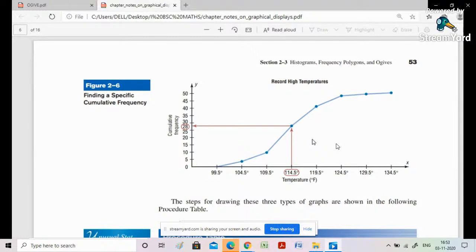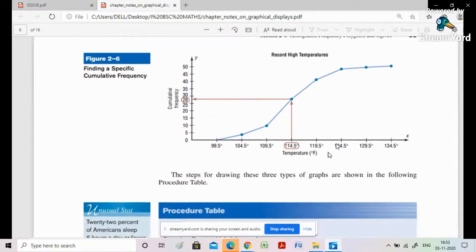For example, the frequency between 129.5 and 134.5 is the difference of these two points, that is 50 minus 48, which is 2. So we have generated the frequency of this region. Similarly, we can generate all the regions. That is the advantage of this Ogive curve.